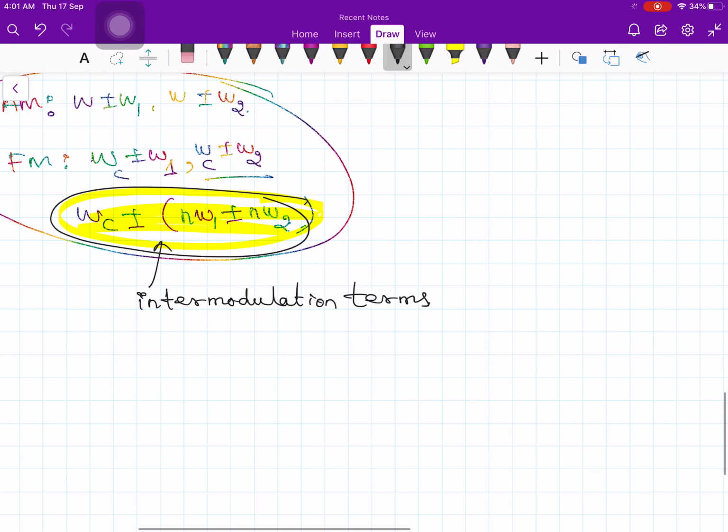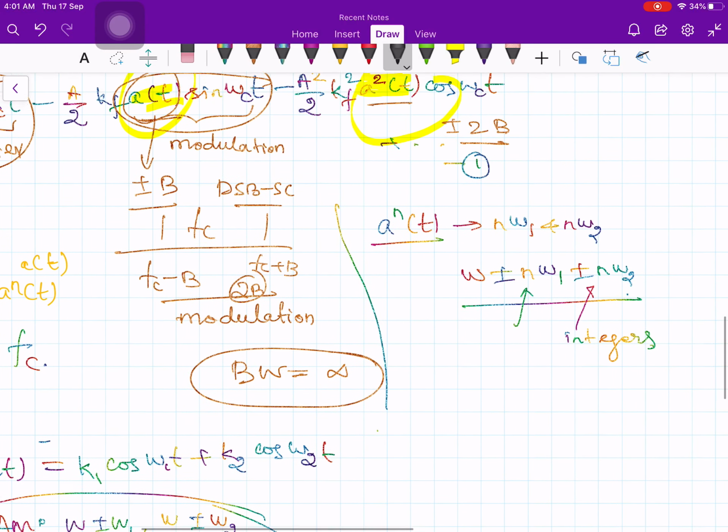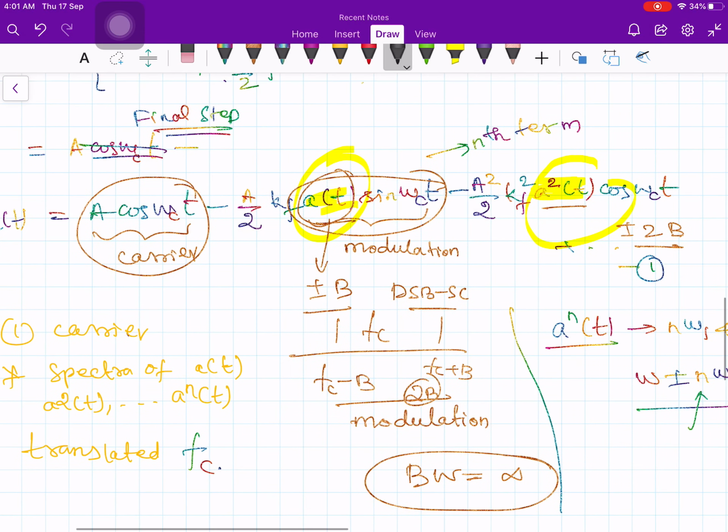But if you go back to the series expansion in equation number 1, and make the assumption that kf times a of t is much less than 1, then once again we can approximate equation 1 by the first two terms of the series expansion, that is cos omega ct, and the second term, kf a of t times sin omega ct.